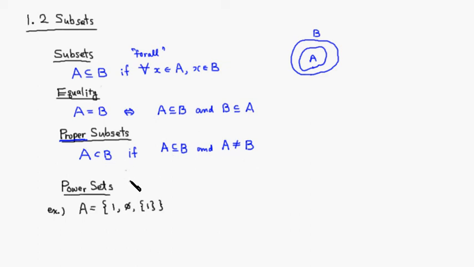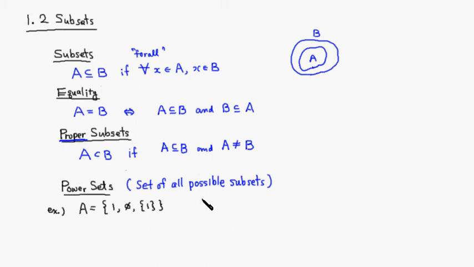And the last one is called the power set. Power set is really the set of all possible subsets. All right.